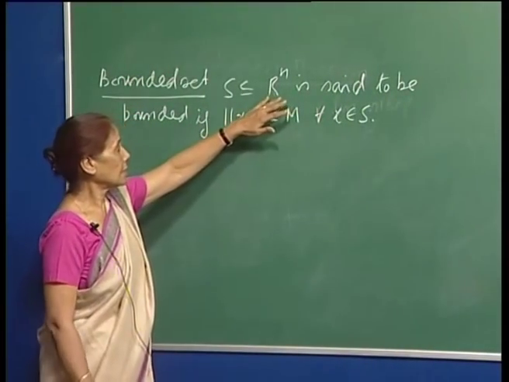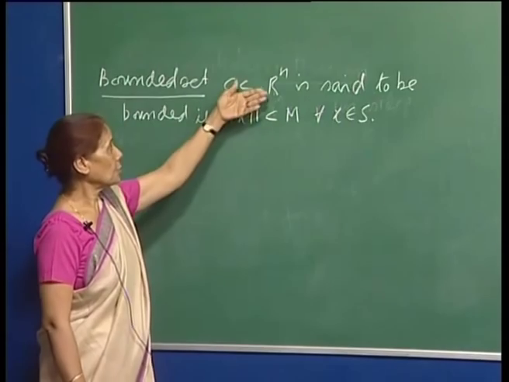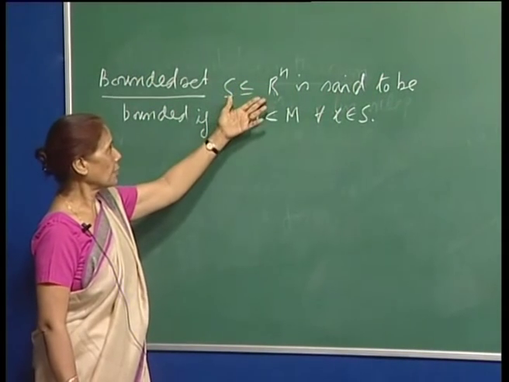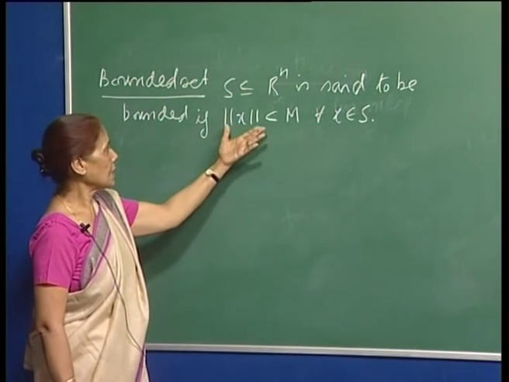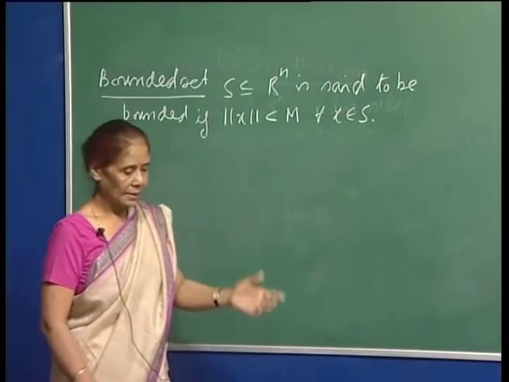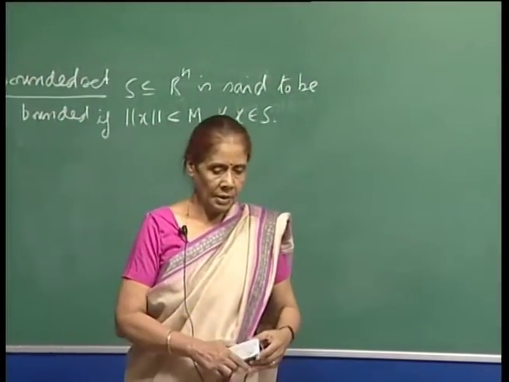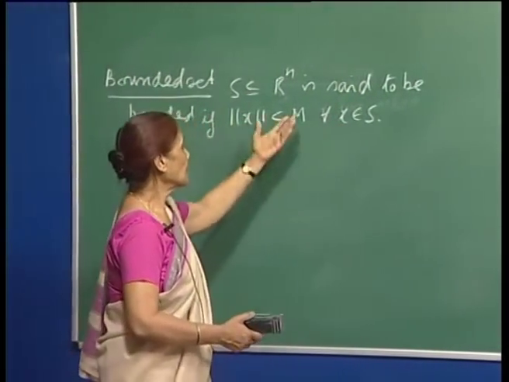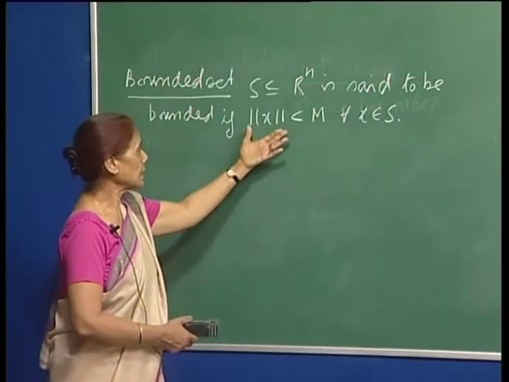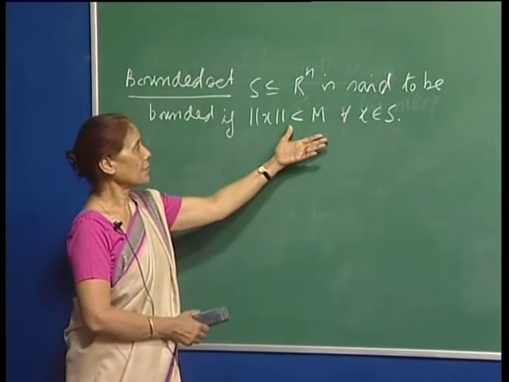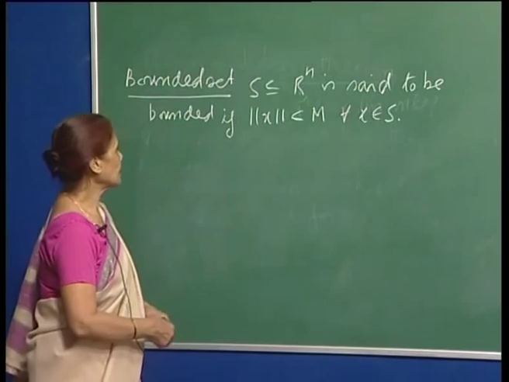I defined certain operations on Rn, and through the inner product we also define the norm of a vector on Rn. So we are saying that if the norm or the length of a vector is less than some pre-specified number m, or I can find an m such that norm x is strictly less than m for all x in S, we say that the set is bounded.